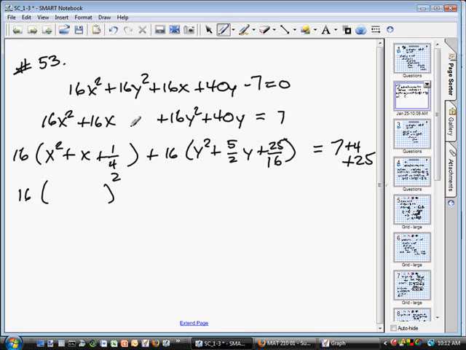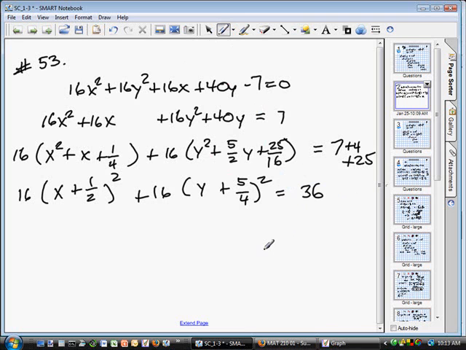That's x plus 1/2 squared, and this is just y plus 5/4 squared. And then what do we have on the right? 32 plus 4 is 36.